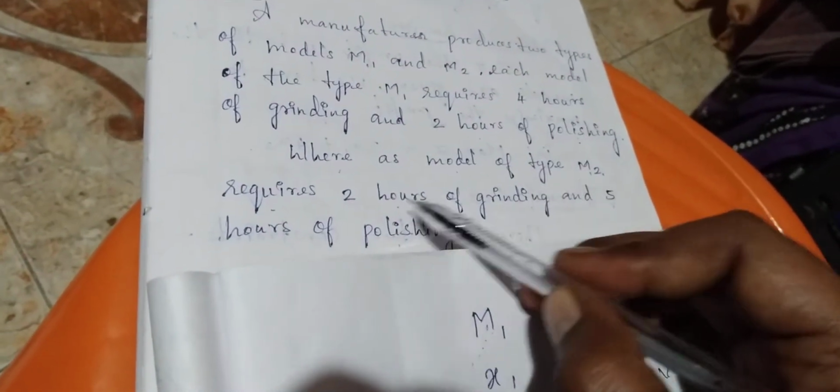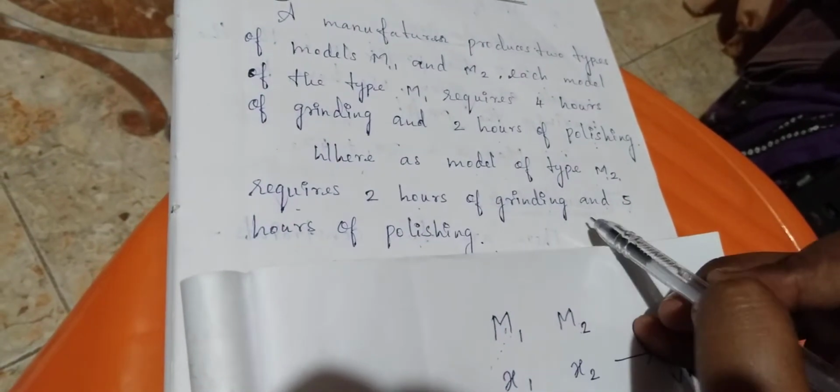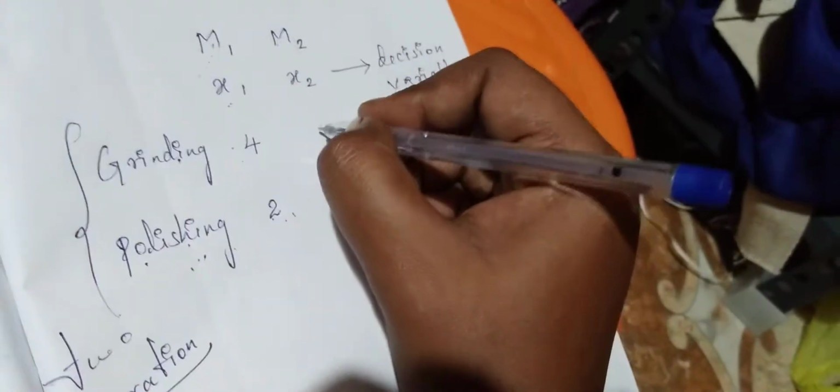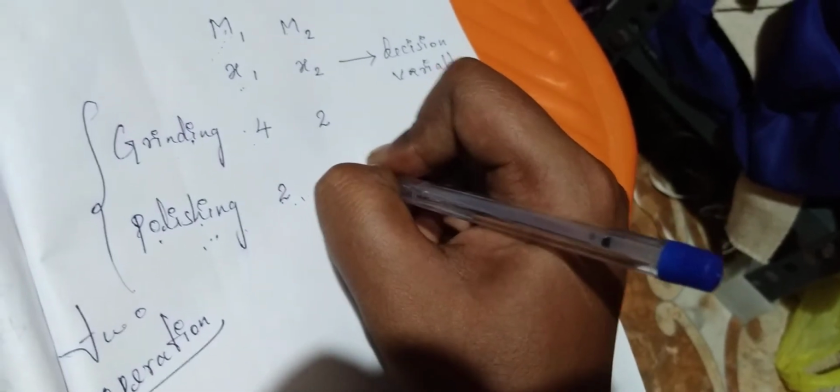Next, model type M2 requires 2 hours of grinding and 5 hours of polishing. Simple.